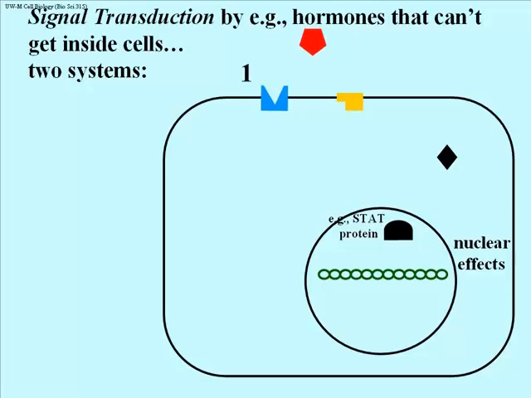Let's look at it again. The hormone binds to the receptor, which changes shape. That results in an affinity for a membrane protein, which is an adenylate cyclase, which is an enzyme that catalyzes the conversion of ATP to cyclic AMP. Cyclic AMP is the classic second messenger. It's also the first second messenger that was found.